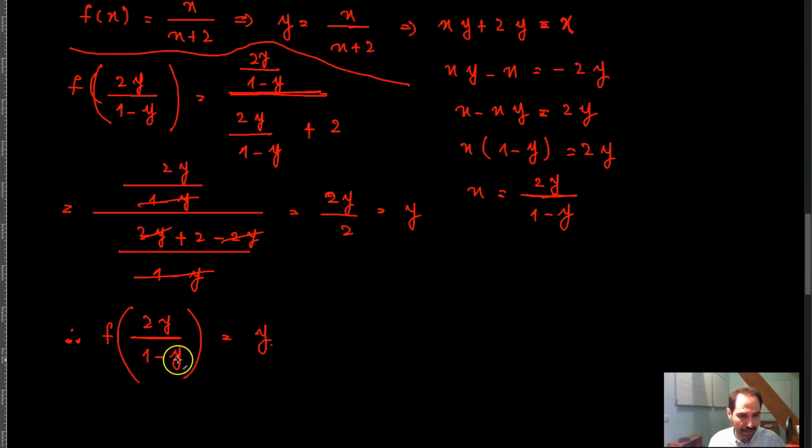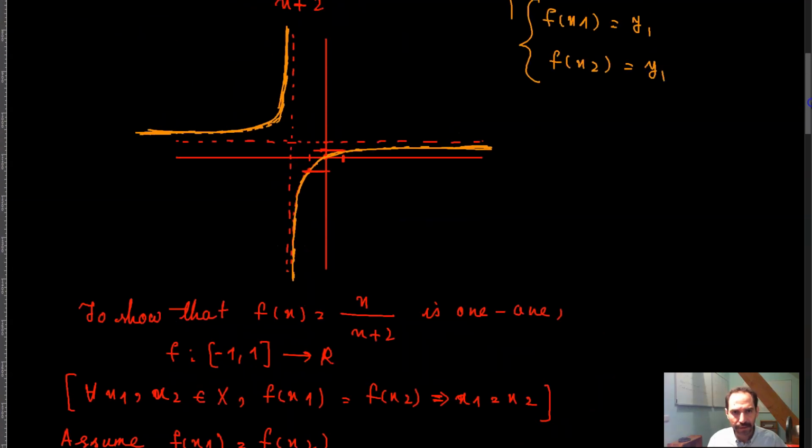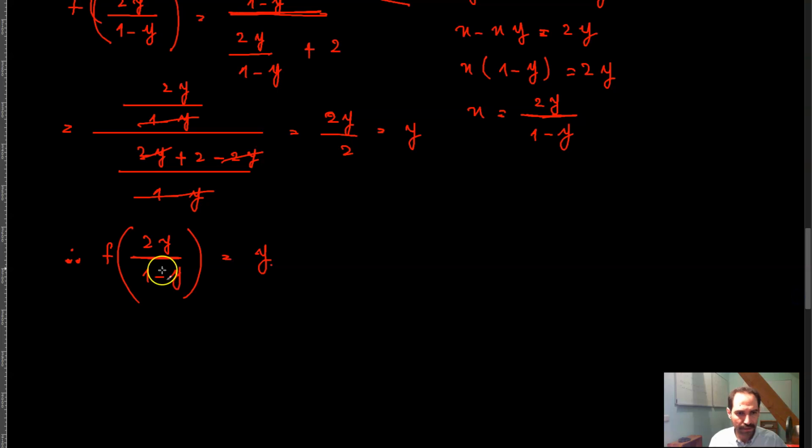Now, except that if y is equal to 1, then there is a problem, meaning that, as you can see here, y is equal to 1 has a problem over here. Other than that, you have no problem for any y in the codomain of the whole function. You can get back to that as long as you enter this 2y over 1 minus y into the function.